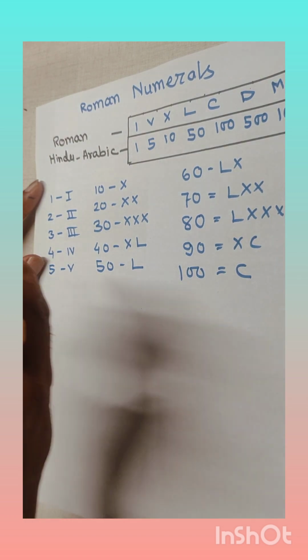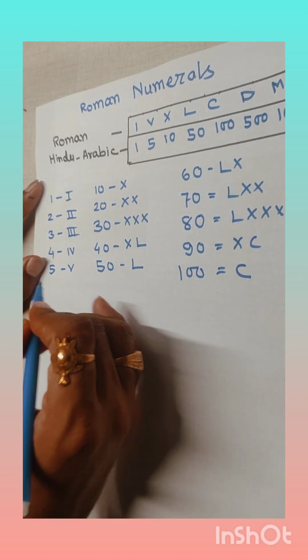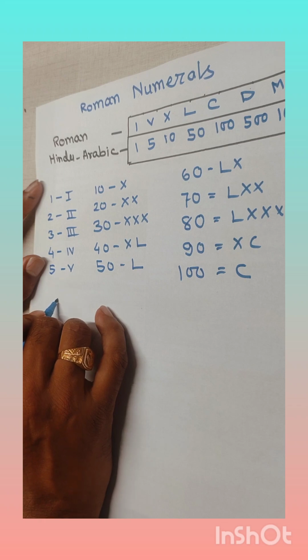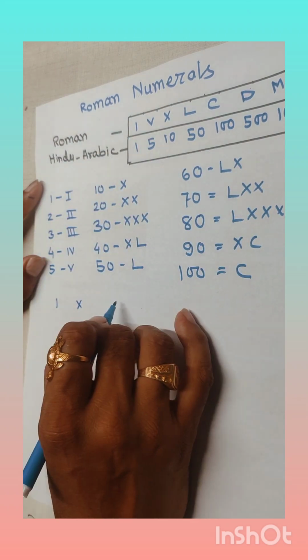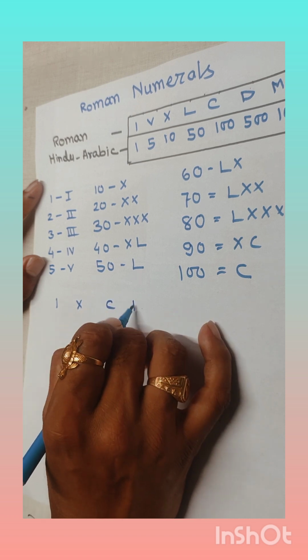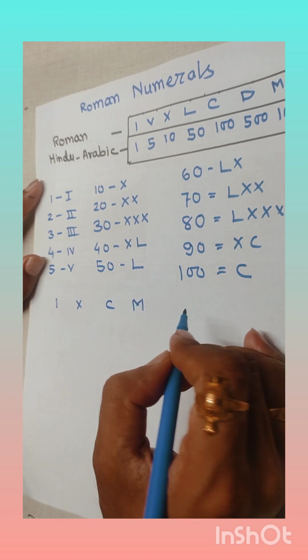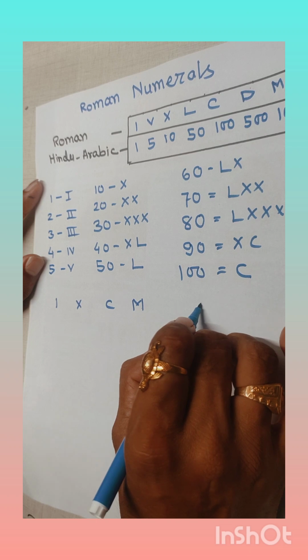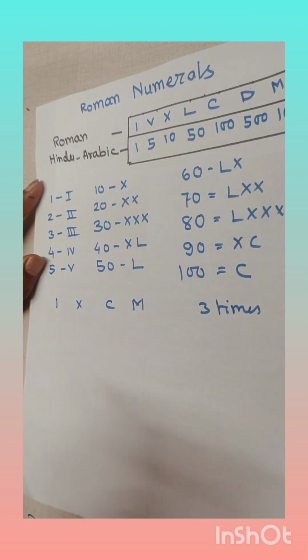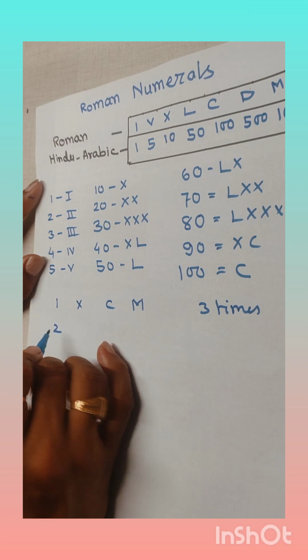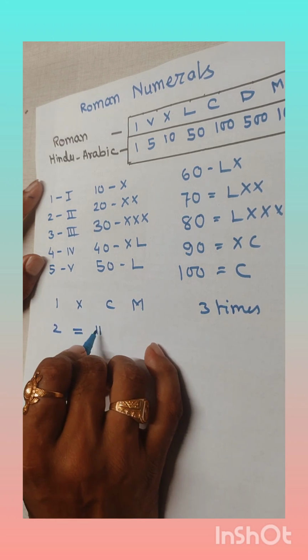Here we can see numbers I, X, C, M can be repeated maximum thrice, 3 times. If we write 2, we repeat I 2 times.